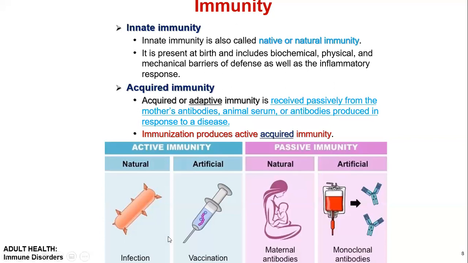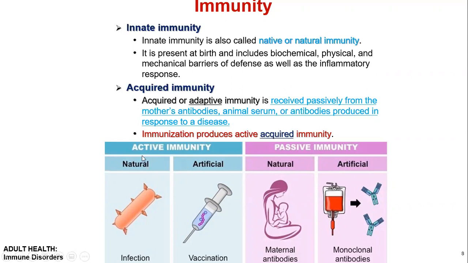Here are some examples of active immunities and passive immunities. Active immunity is natural or artificial, and passive immunity is natural and artificial as well. So active natural is an infection.